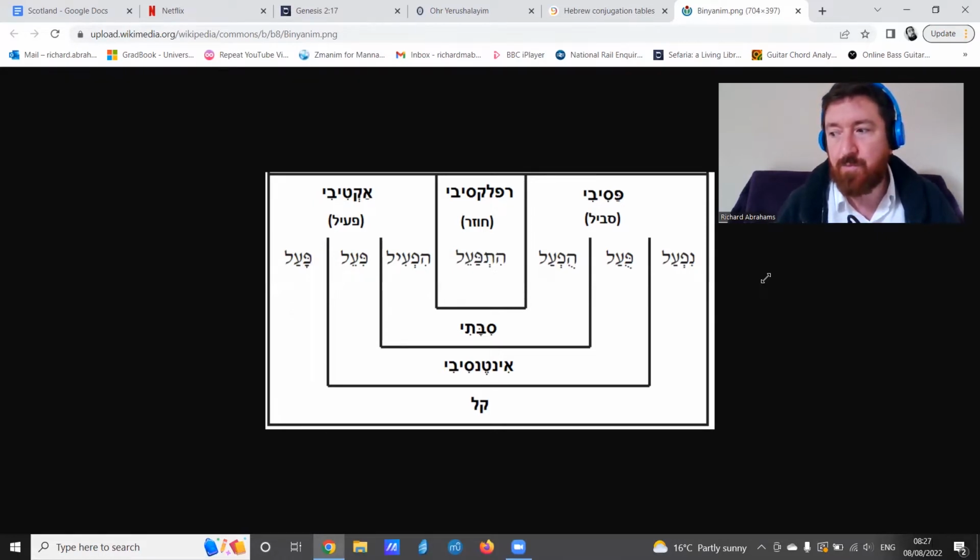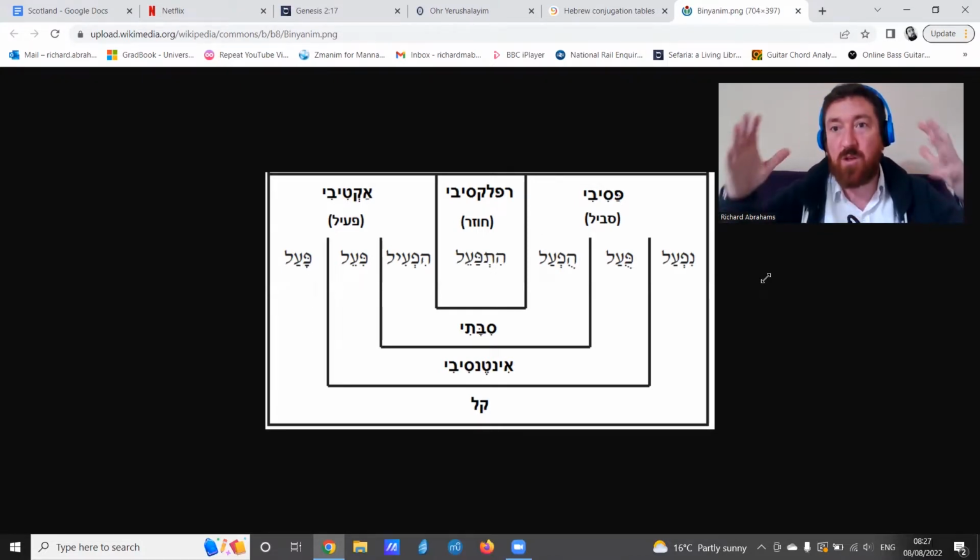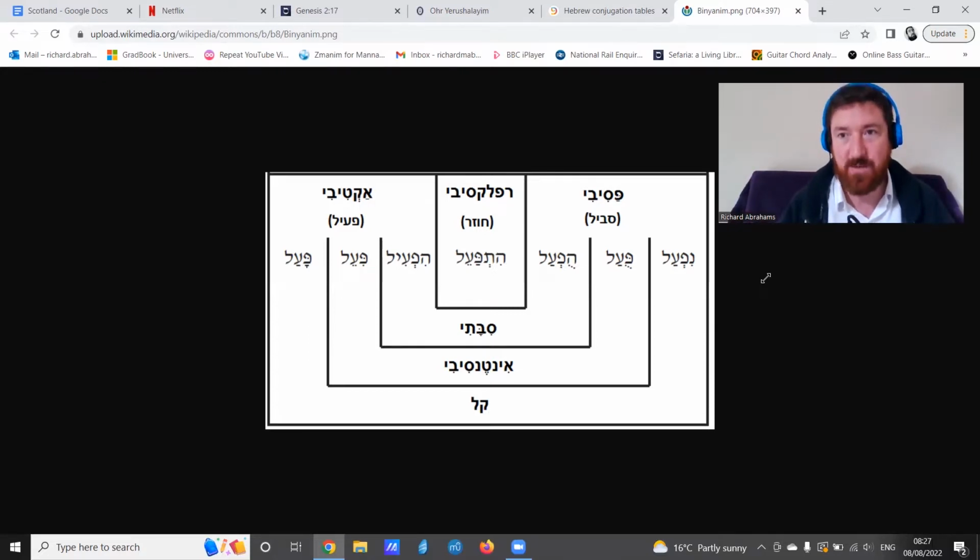We don't have anything like that, but we have other words like impossible, or in Italian, impossibile. So we have some words which are almost identical to the Italian or the Spanish or the French, and then we have other words which have no bearing on them whatsoever. So English is really a hodgepodge. But the really nice thing about Hebrew is all of the roots are Semitic.